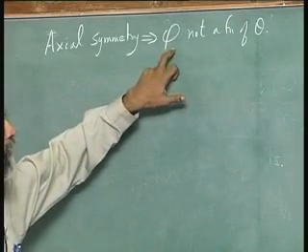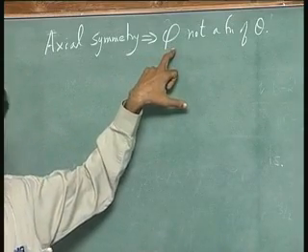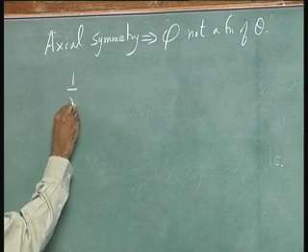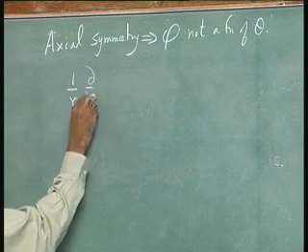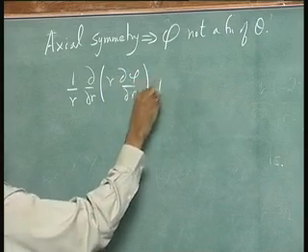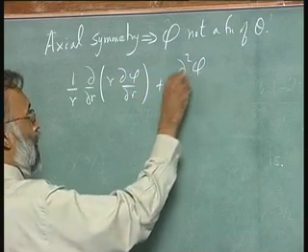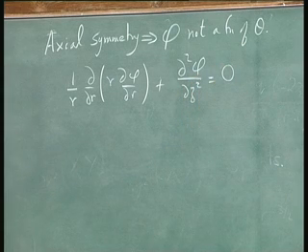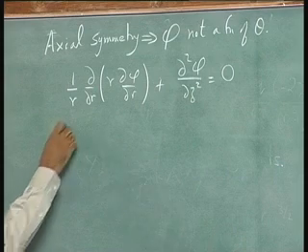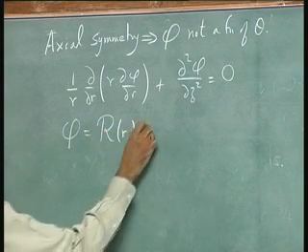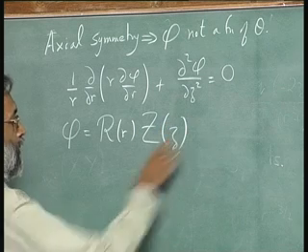So, phi may be a function of r and z, but it cannot be a function of theta. So, my Laplace's equation becomes 1 over r del del r of r del phi del r plus del squared phi del z squared is equal to 0. Once again, I will assume phi is equal to R of r times Z of z.